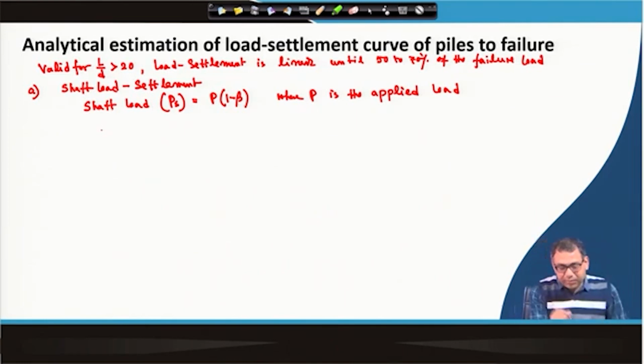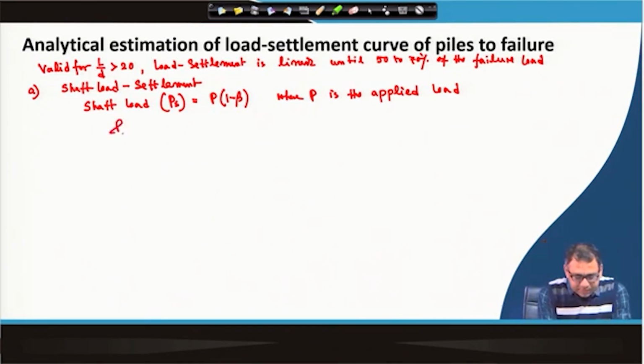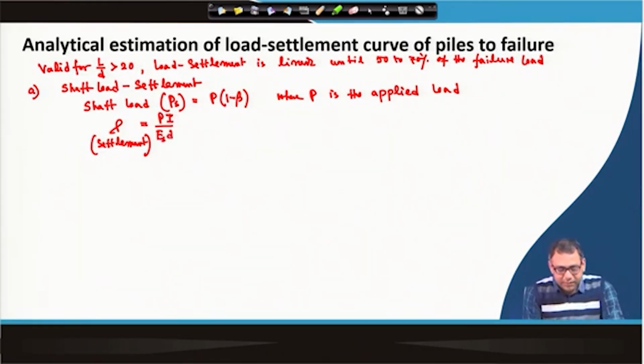Because we have already discussed, the settlement will be equal to P I by E_s D. Here, in place of P we are writing Ps, because we want to determine the settlement due to the shaft load only.